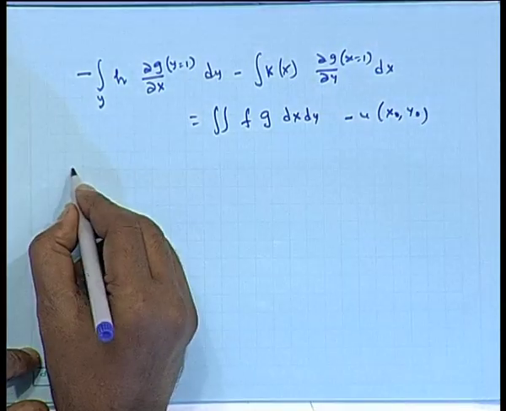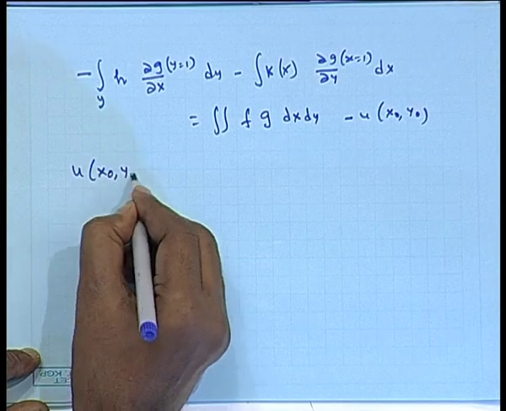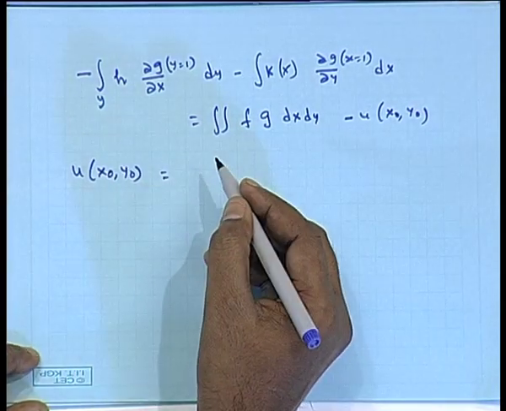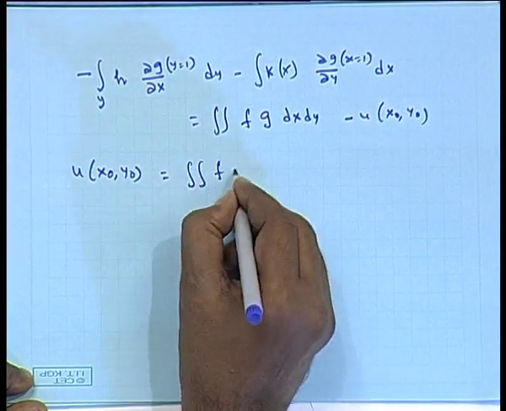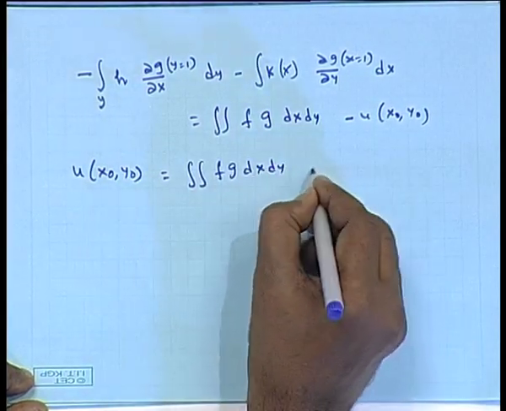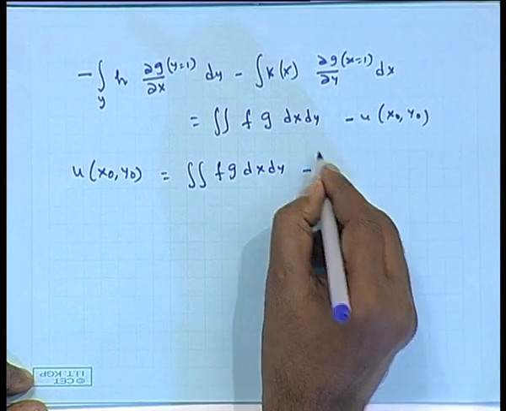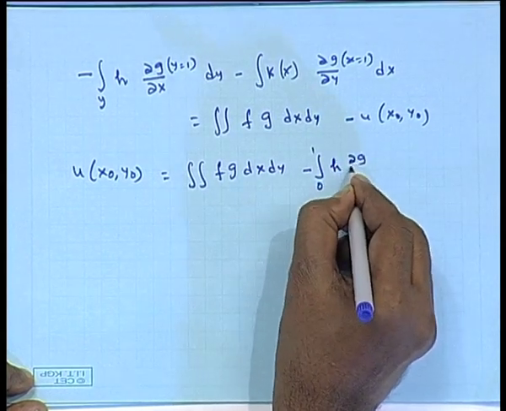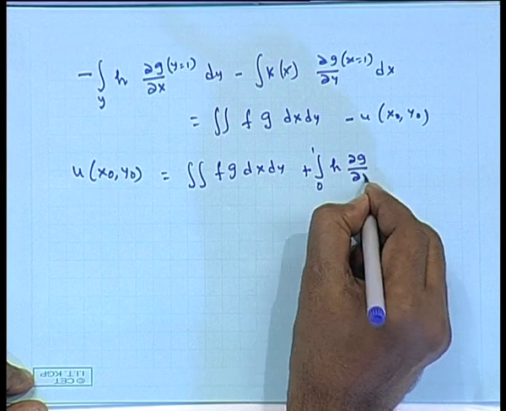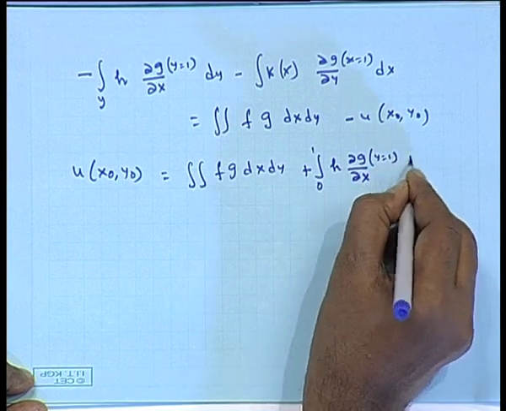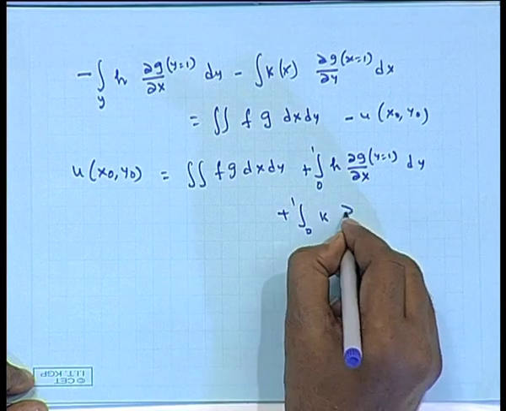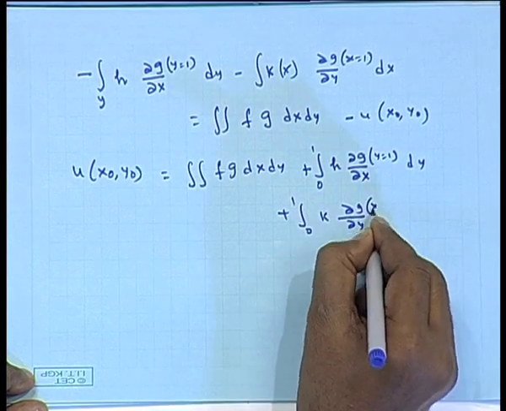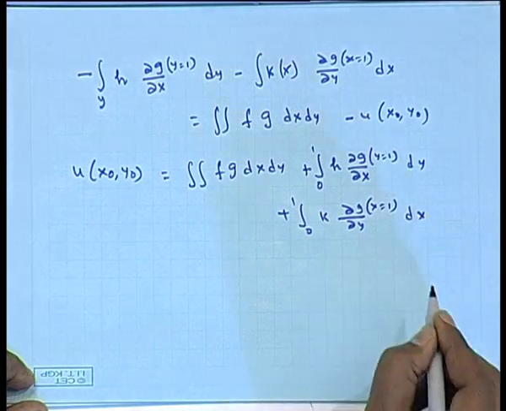So, what is the expression of u(x naught, y naught)? It will simply come out on this side: double integral f g dx dy minus 0 to 1 h del g del x at x equal to 1 dy plus 0 to 1 k del g del y at y equal to 1 dx.